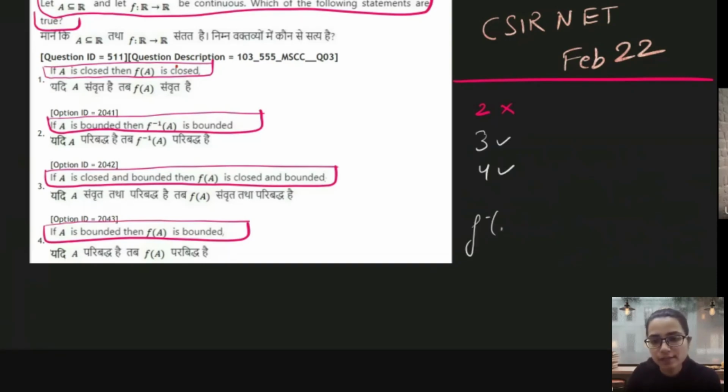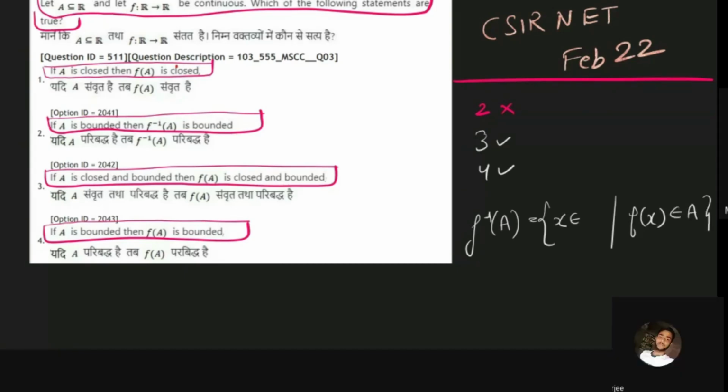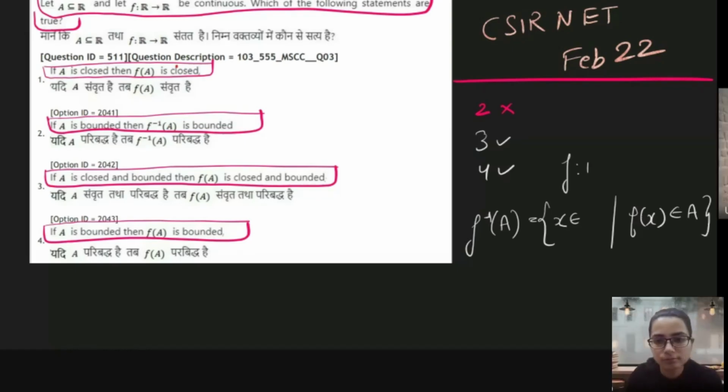Inverse image of any set will be the set of all those points such that f of x belongs to A. I don't know if I'll be able to write this definition correctly. And for option 4, I have a counterexample. Okay, we'll discuss it. Keep your counterexamples to yourself until we get to the point.